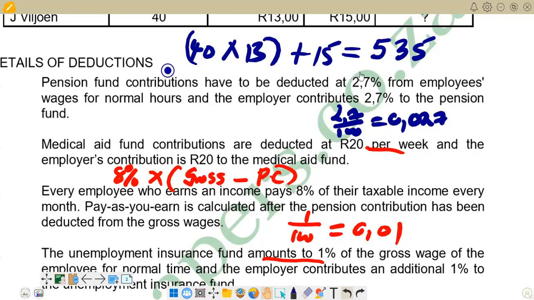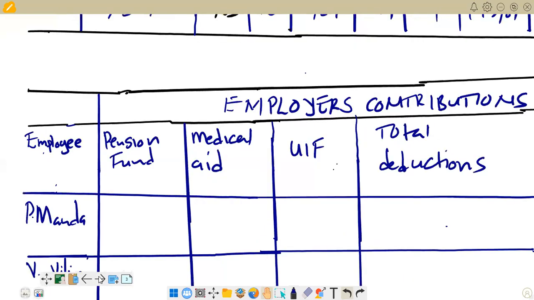So it means we have the same percentage here, and the same amount that we have for the employee is going to apply for the employer. We are just going to take the figure that we calculated there and put it under the employer.